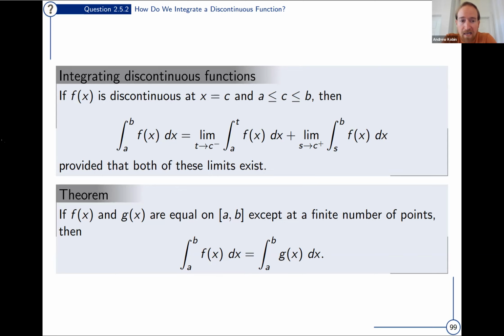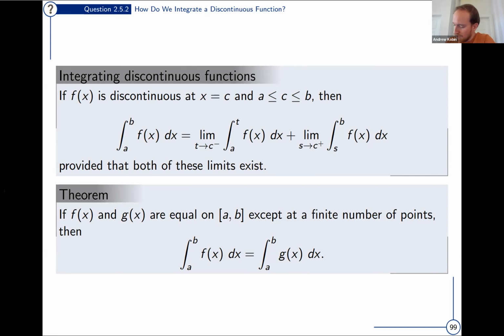But one thing to notice is that if two functions f and g are defined on an interval a to b, and they have the same values, except for maybe a finite number of points, then integration theory tells us that the values of their definite integrals on those intervals are the same.